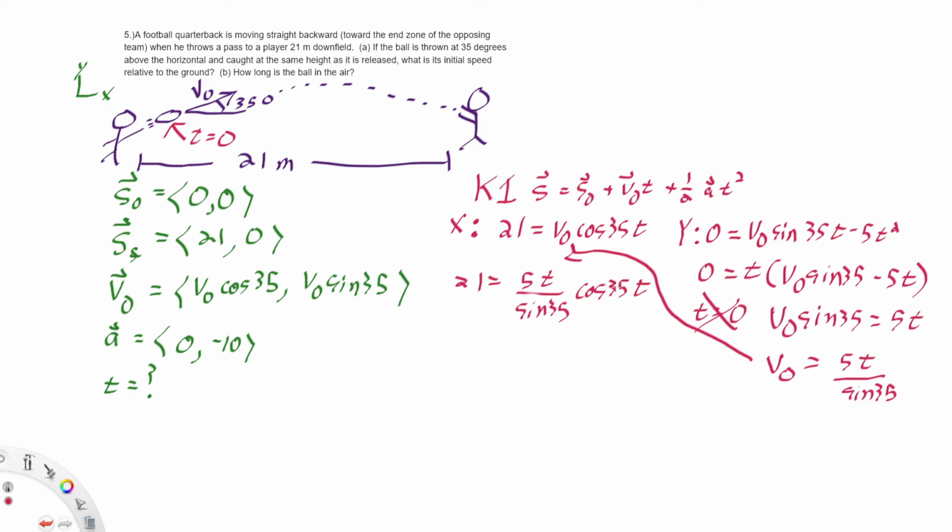We get cosine over sine of 35 here, so that's going to be like 1 over tangent. So we get 5t squared over tangent 35. And then we can do a little bit of solving.